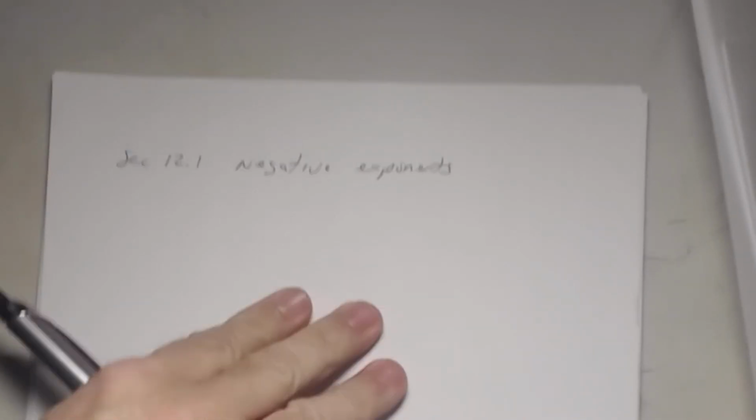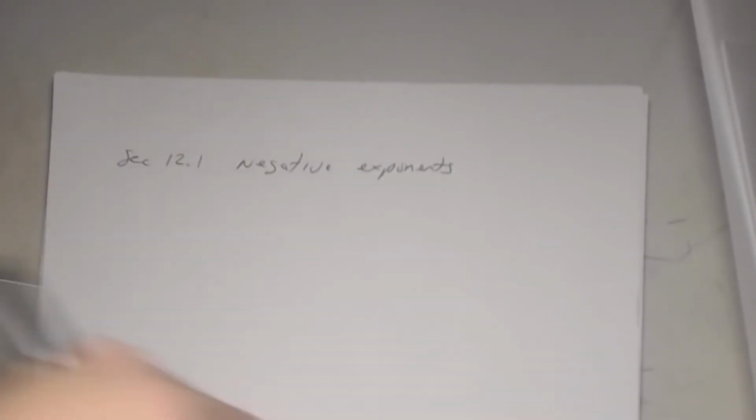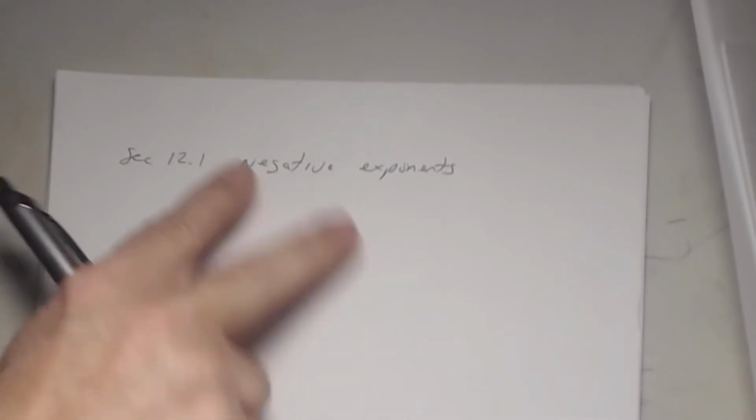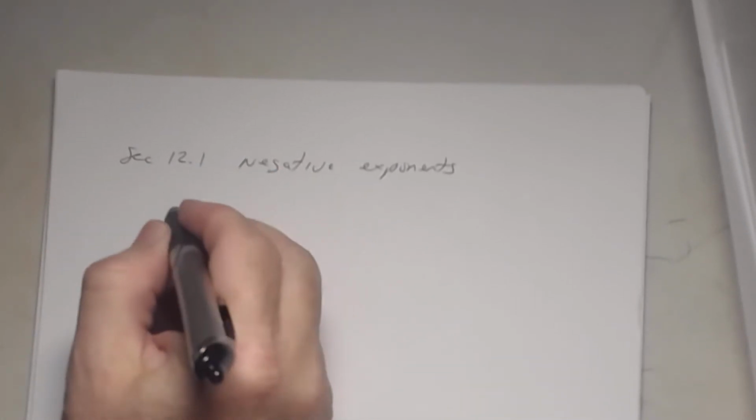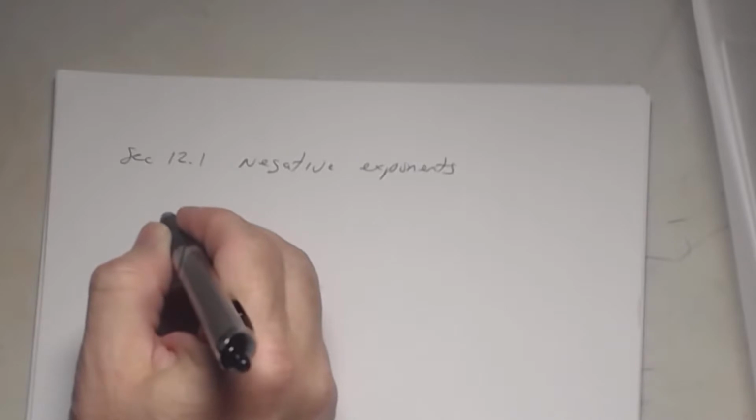Just a few rules. Now, all the rules you just learned, you're still going to use. The quotient rule, the product rule, you're still going to use them. But there are a couple more rules you've got to add here, and those are the ones with negative exponents. Just two rules. Before we get to those, though, let's look at what this would be. What do you think?